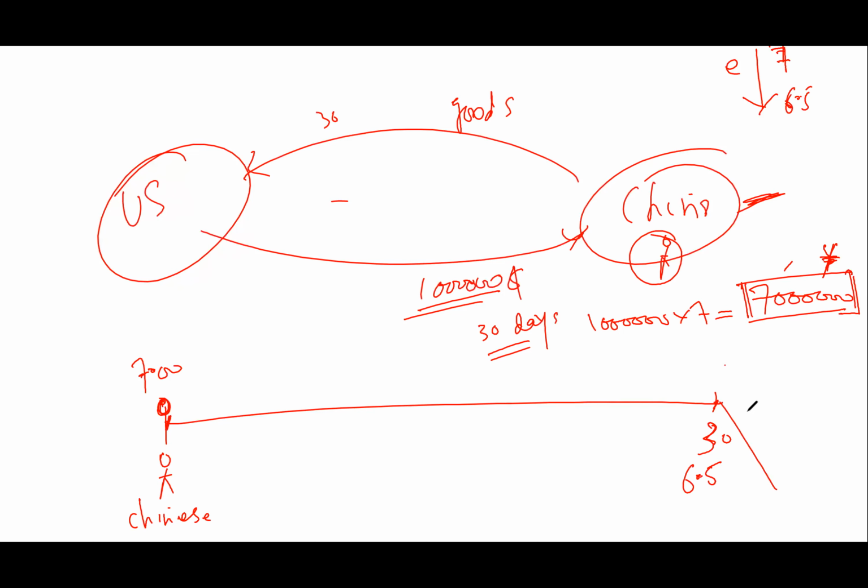I would be receiving the same $1 million. But when I convert it into yuan, I would be receiving 6.5 million, right?